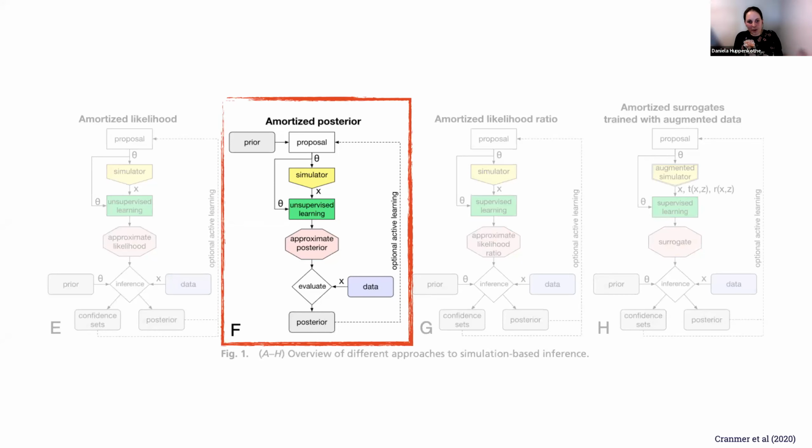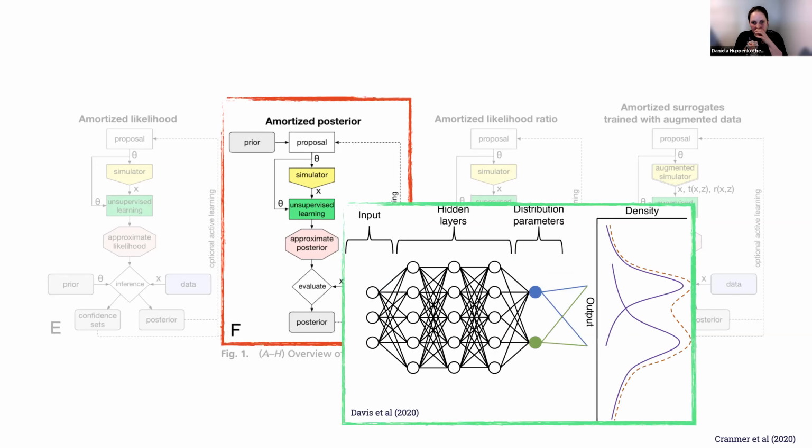And that's what we ended up doing: writing a neural network that approximates the posterior directly, and that turns out to be much more efficient. We did this with a mixture density network, where your neural network predicts parameters of a distribution. For example, you could do a Gaussian mixture, and then the outputs of your neural network would be the means and variances of your individual Gaussian components.